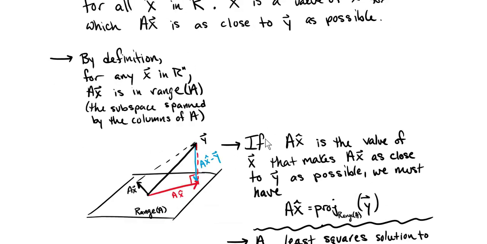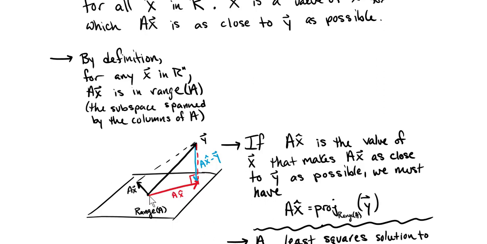Okay, now if AX hat here, A times the least squares solution, is indeed the value of X that makes AX as close to Y as possible, then we can look at this picture here and get a sense of what's happening. Y is this vector that is outside of the range of A, so no vector X times A will give you this Y. X times A for any X has to be in the range of A. So it's stuck in this plane as I've drawn it here, this subspace.